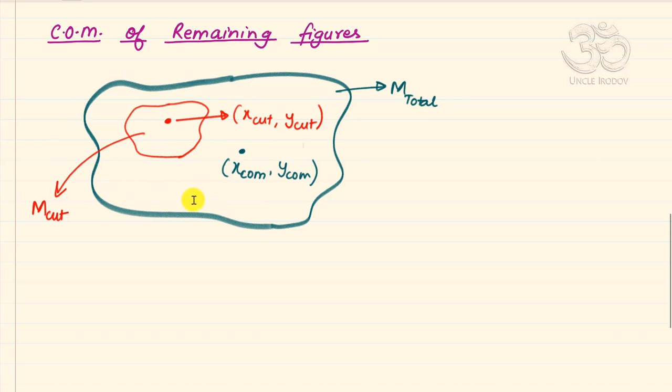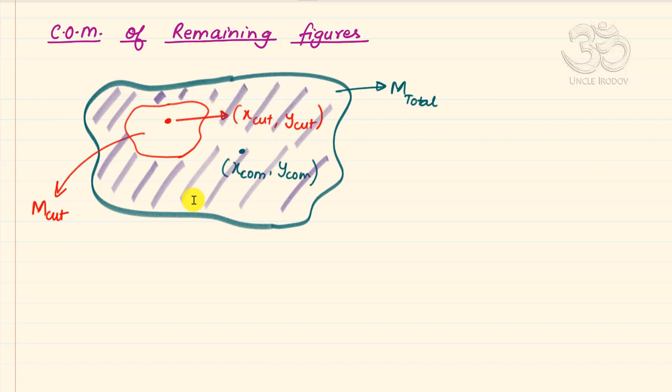Now the remaining portion is going to be a dark violet shaded part like this, and this remaining portion has got a total mass which is m remaining, which is going to be m total minus m cut.